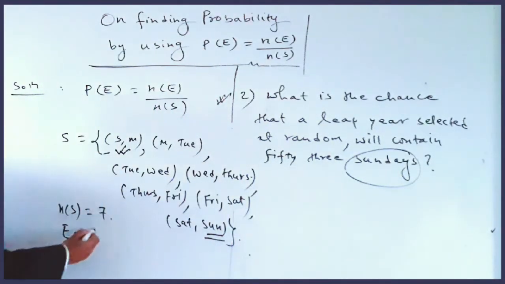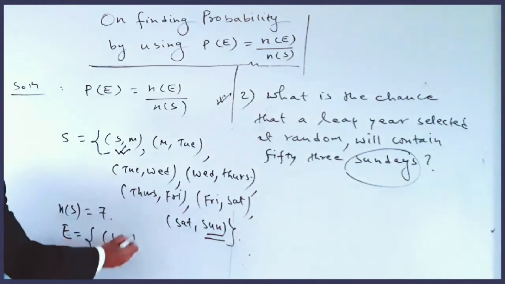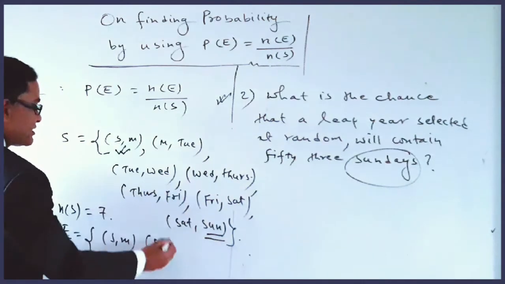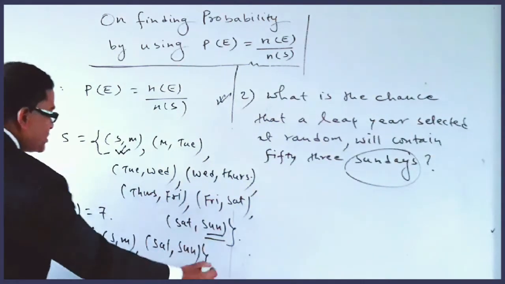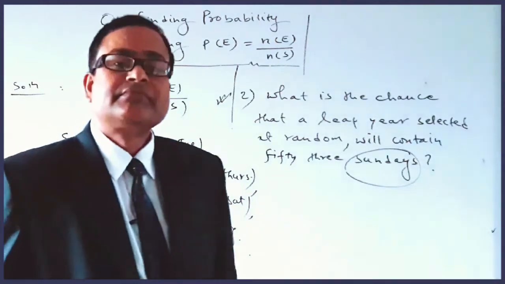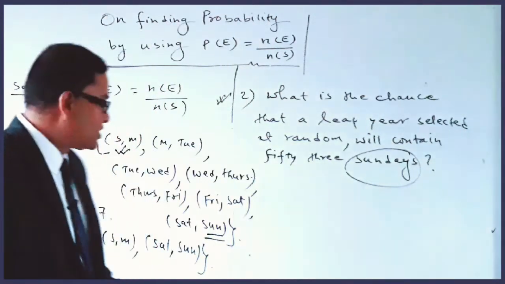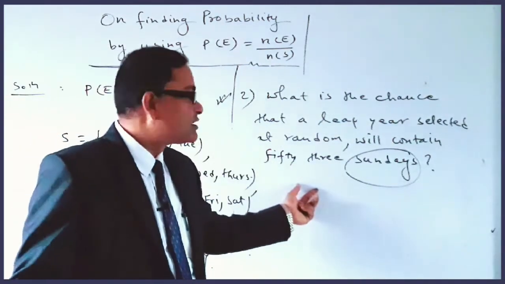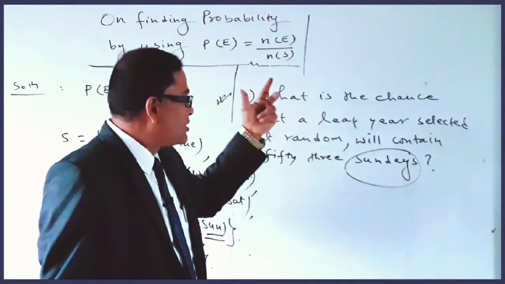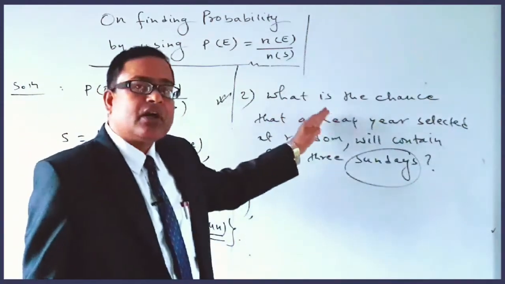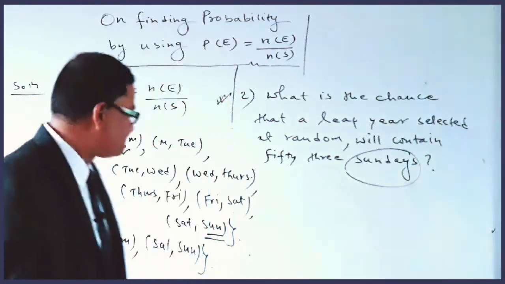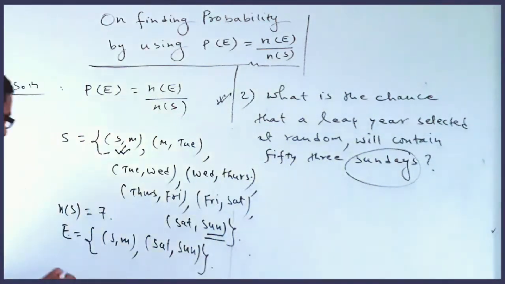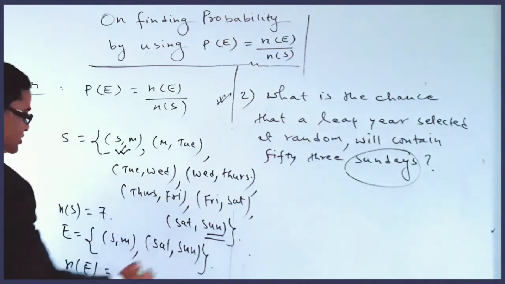So the event is Sunday, Monday, or Saturday, Sunday. If it is the occurrence of Sunday, then we have 2 possible outcomes in the event. That means the possible outcomes that a leap year will contain 53 Sundays. Now the number of events is equal to 2.